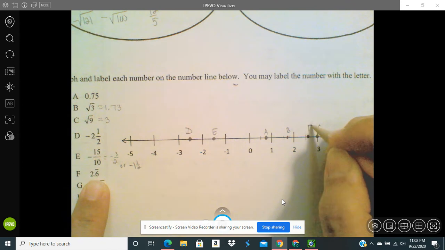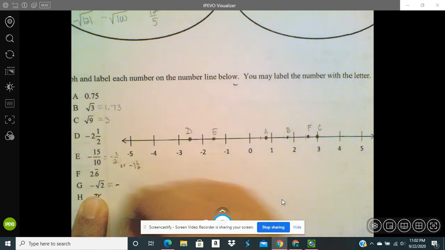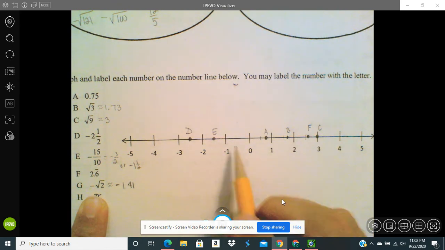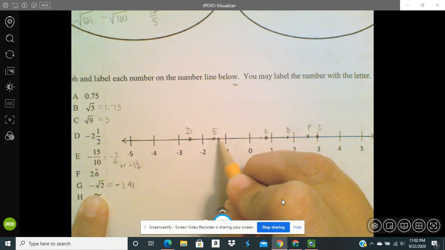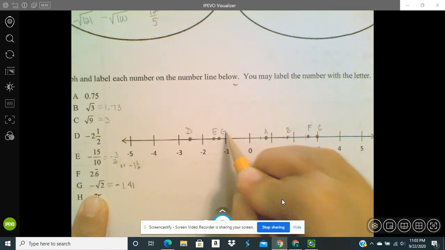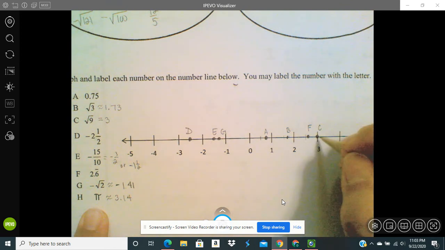So we'll put this here. Negative square root of 2 is about, let's see, the square root of 2 is 1.41. So this is going to go, oh, there's negative 1.5. This goes just before it. And then pi is about 3.14. So it's a little after 3.